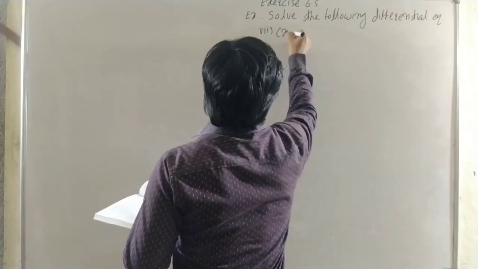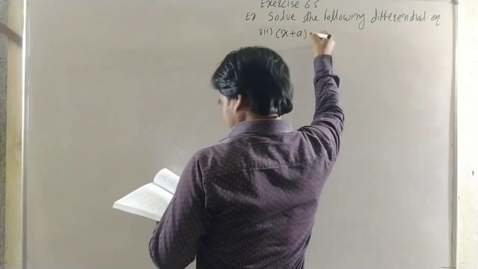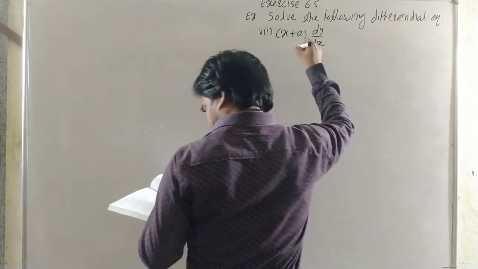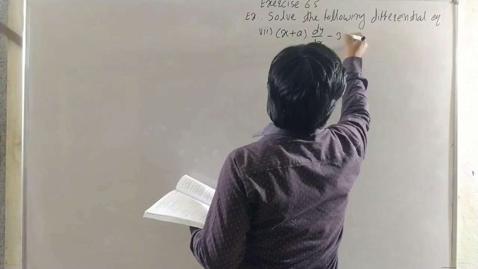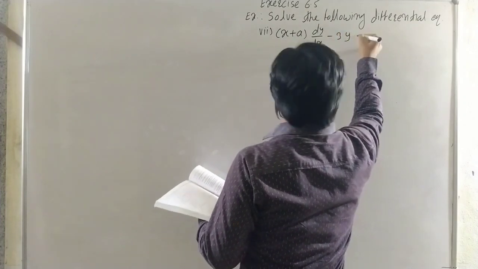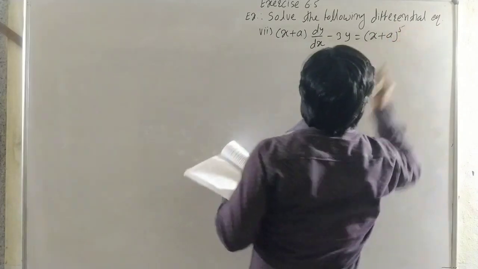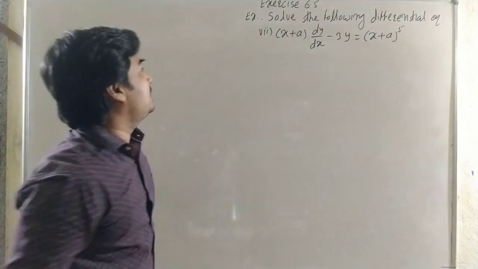(x + a) dy/dx - 3y = (x + a)^5. Okay, now it is a given differential equation.